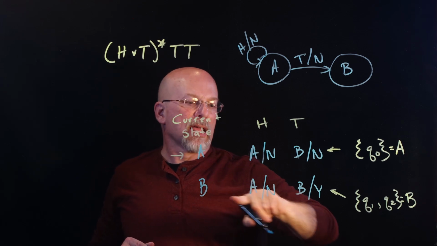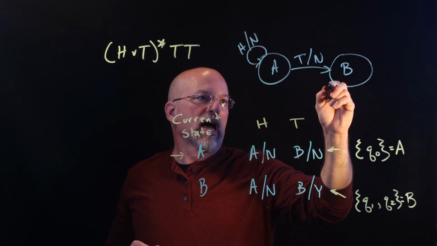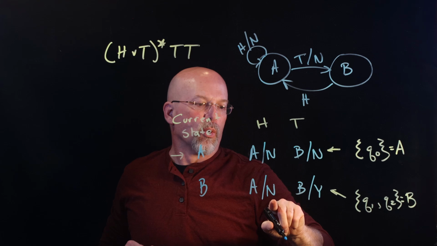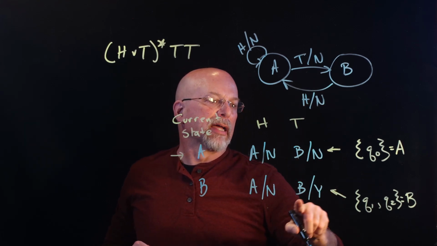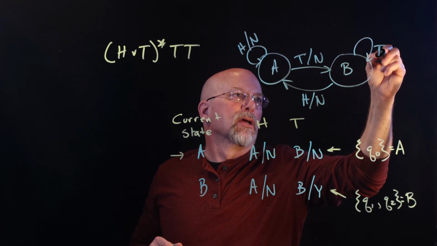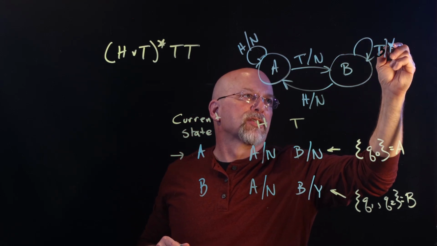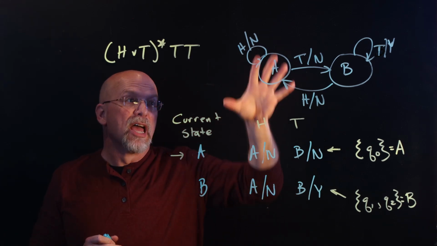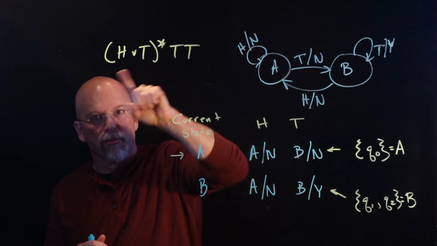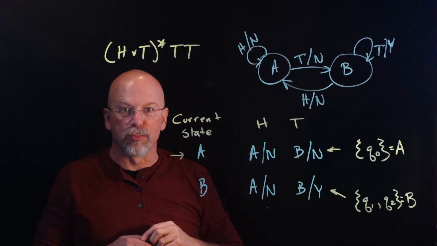If I'm in state B and I get a heads, I go to A with the no output. And if I'm in state B and I get a tails, I go to state B with the yes output. And there's my fully simplified Mealy state machine for that sequence, for that regular expression.